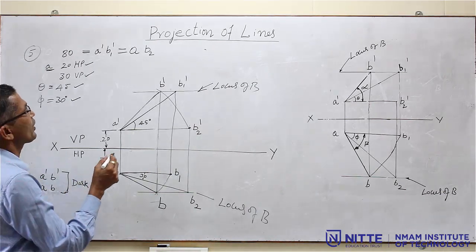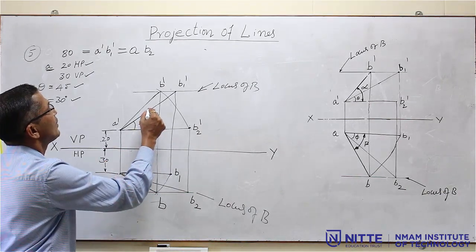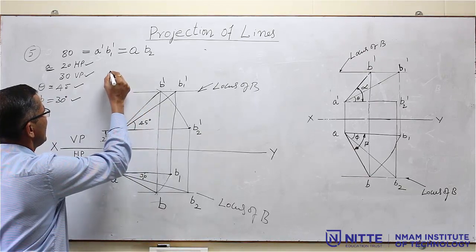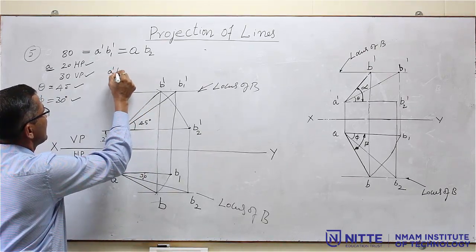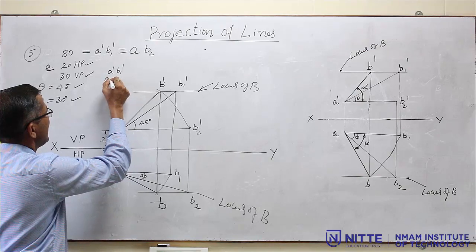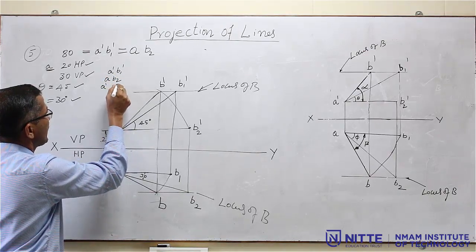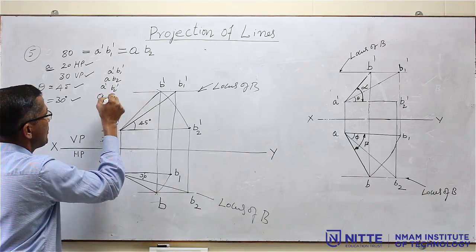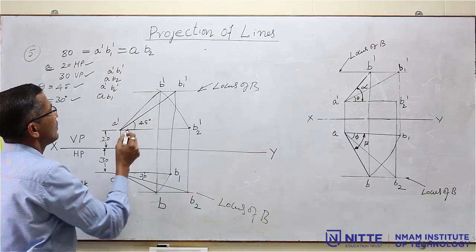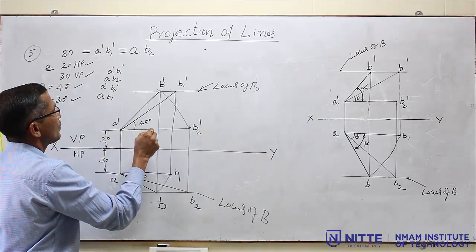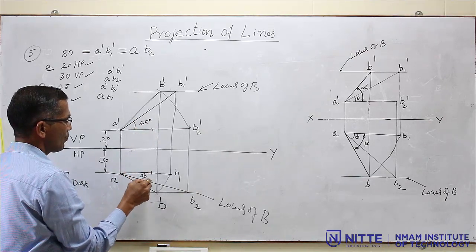Then the remaining 4 lines, what are those 4 lines? One is A dash B1 dash, A B2, A dash B2 dash, A B1. That is 1, 2, 3, 4.